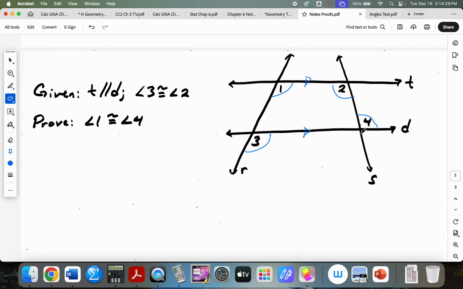If you don't want to try to remember which one's a theorem and which one's a postulate, you would just write two lines parallel imply that the alternate interior angles are congruent. Yes, and then you put them all together by substituting. So they're all congruent to each other.